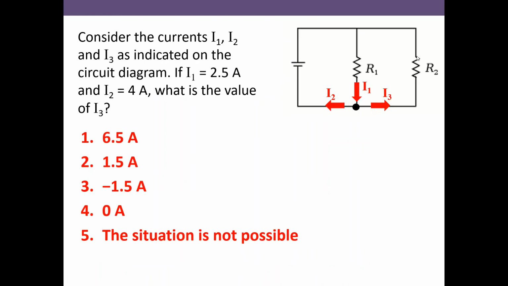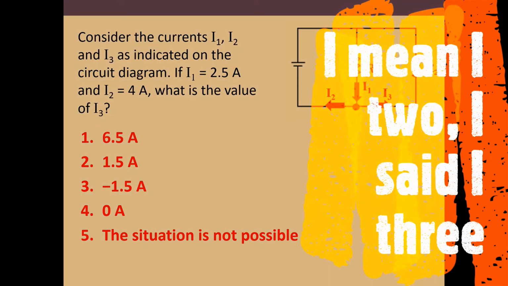So if you look at this diagram here, consider the currents I1, I2 and I3 as indicated on the circuit diagram. If I1 is 2.5 amps and I2 is 4 amps, what is the value of I3? So I1 is 2.5 and then I2 is 4 amps. However, I3 is more than the current going in.